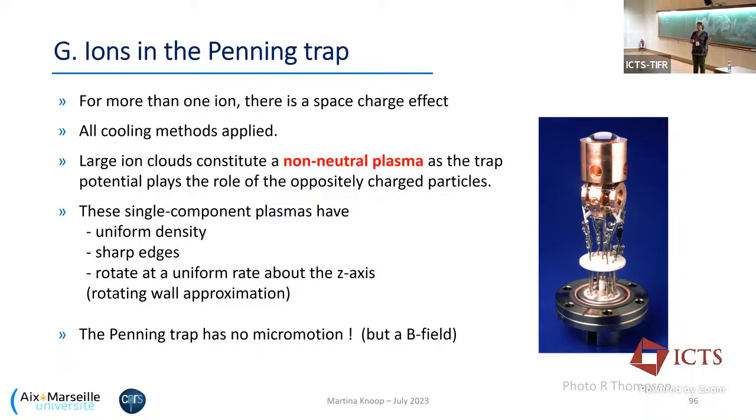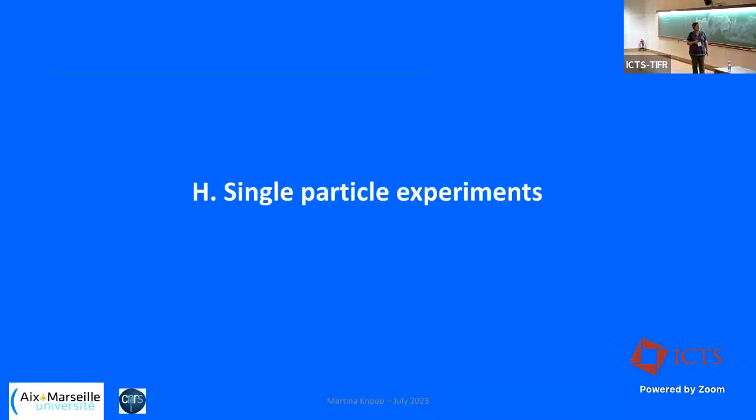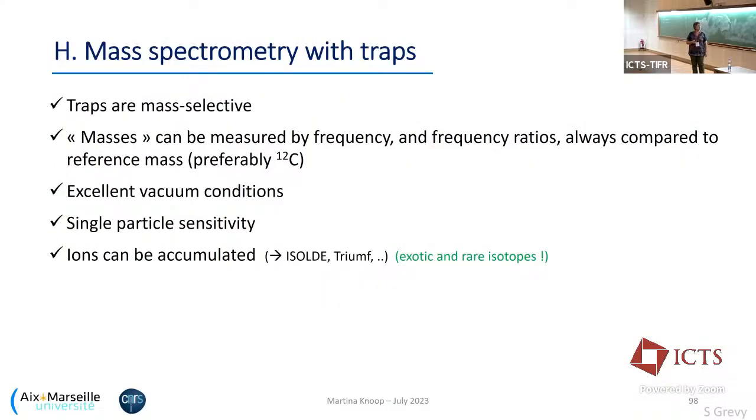There's not a lot of optical spectroscopy in a Penning trap because you always have to deal with the Zeeman effect, okay? But there are a lot of other spectroscopy applications. There are single particle experiments also in Penning traps. And one of the main uses of a Penning trap is mass spectrometry, okay?